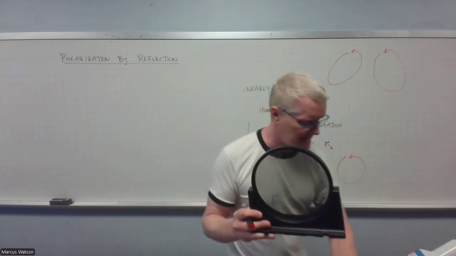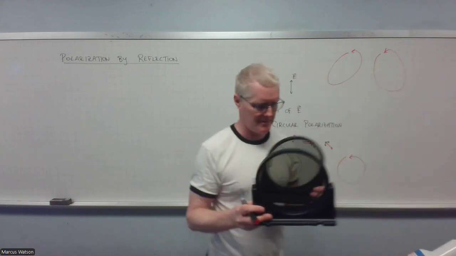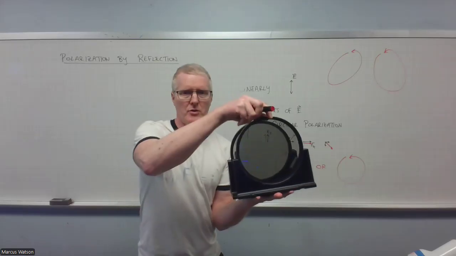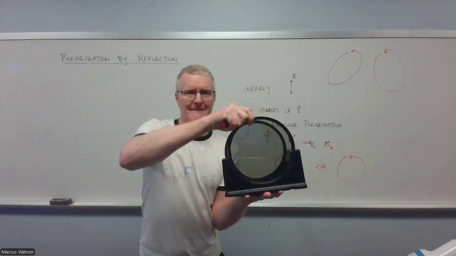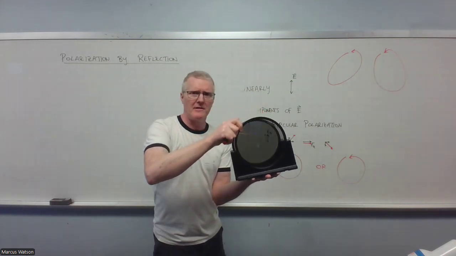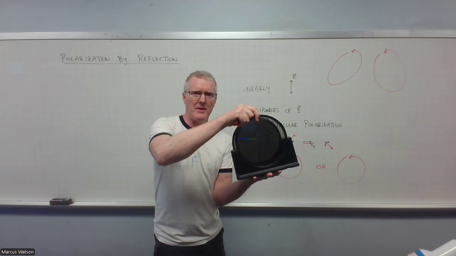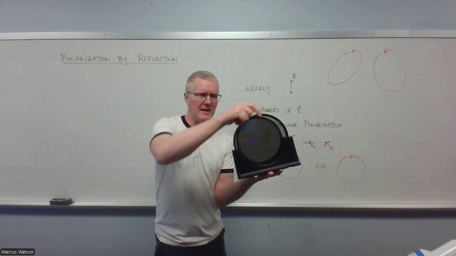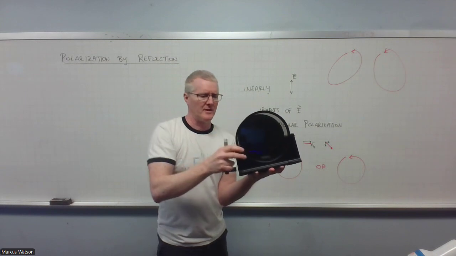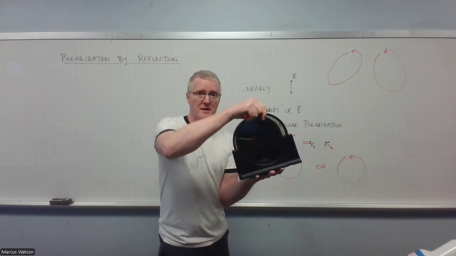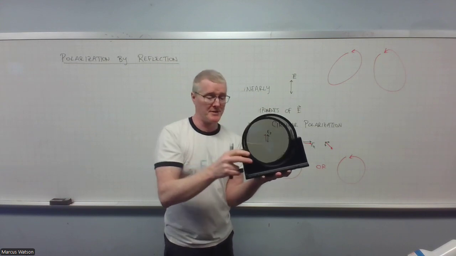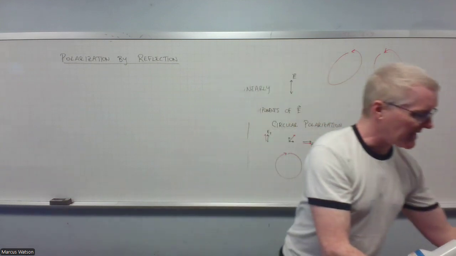Why can I take these two like this, and rotate this one, and I can get different amounts of light let through like this, right? So here we have cross polarizers, and here we have approximately parallel polarizers. The question is, how do these things work?